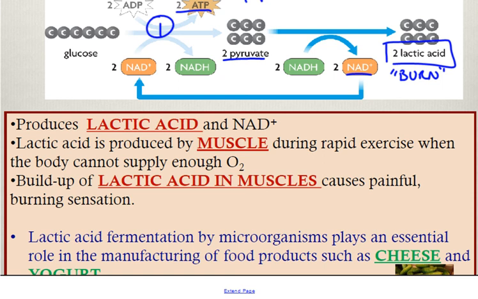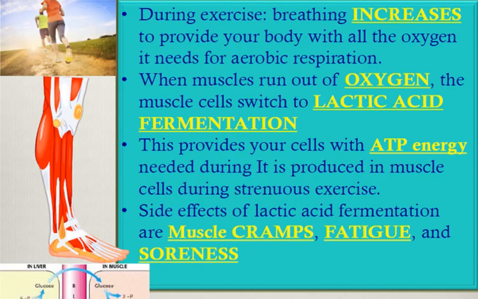From a food standpoint, cheese and yogurt use the sugar lactose, milk sugar. Lactose is a disaccharide that will break down into glucose. So during exercise, your breathing increases to provide your body with oxygen.